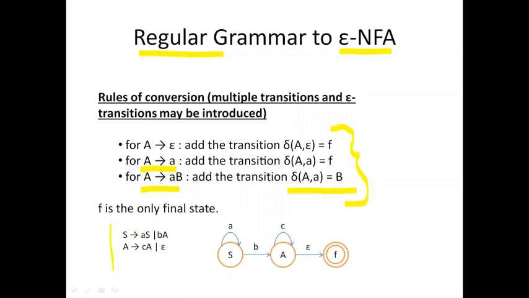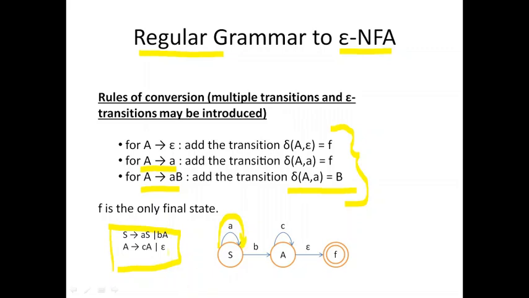So now let us see with an example. Say you are given a set of productions, and now we will construct an epsilon NFA corresponding to it. Let us look at the first production. If you have a production like capital S giving small a capital S, you will have a state for capital S, and from capital S you add a transition back to S on a.